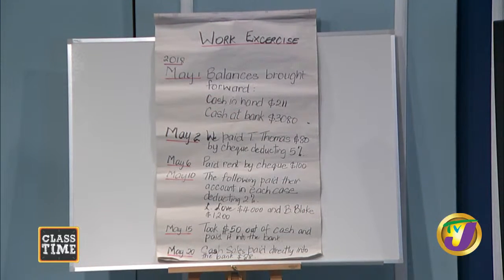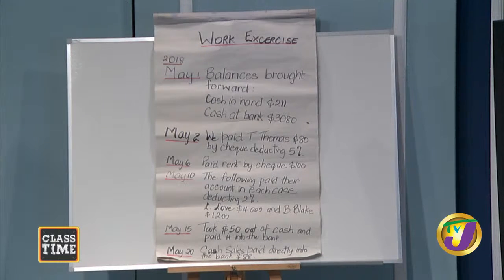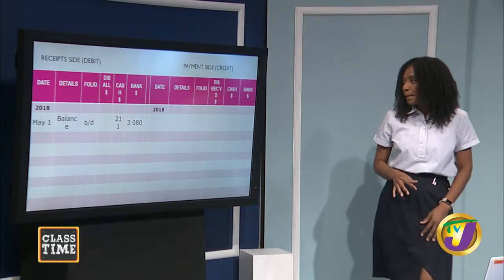Now, students, this balance BD simply means that $211 closed the previous month. We ended the month before May, April, with $211 cash, and we also ended it with $3,080 in the form of checks or bank balance.